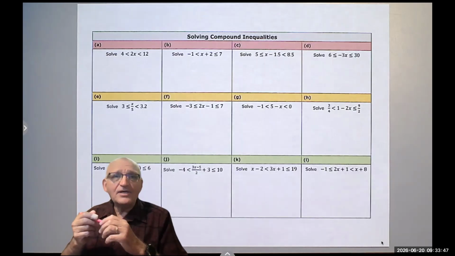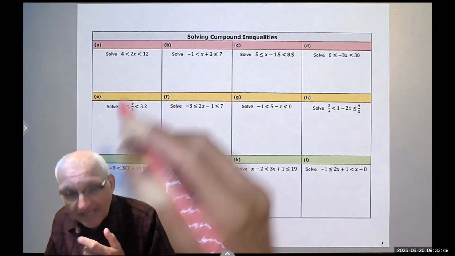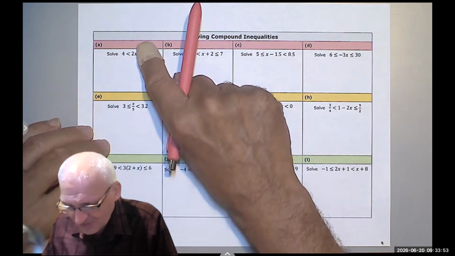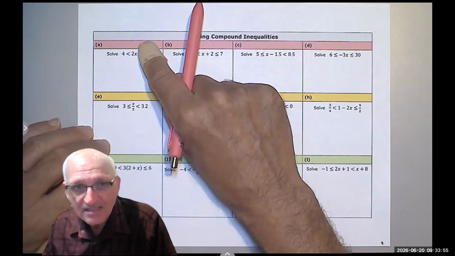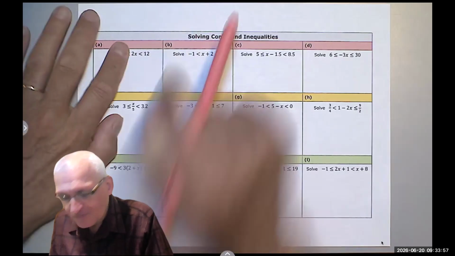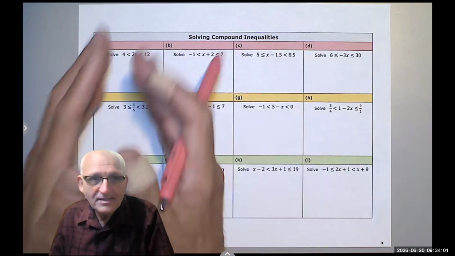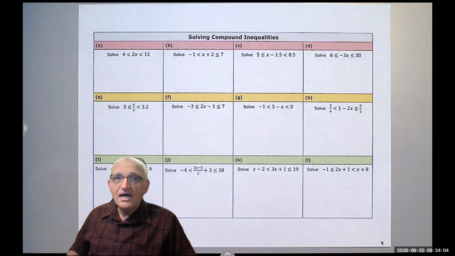So you can look at them as two problems. So I could have said 4 is less than 2x and solve for x and see x is greater than what, and then solve 2x is less than 12 and see what x is less than, and then combine them back. Or I can work on all of them simultaneously, which saves me time.